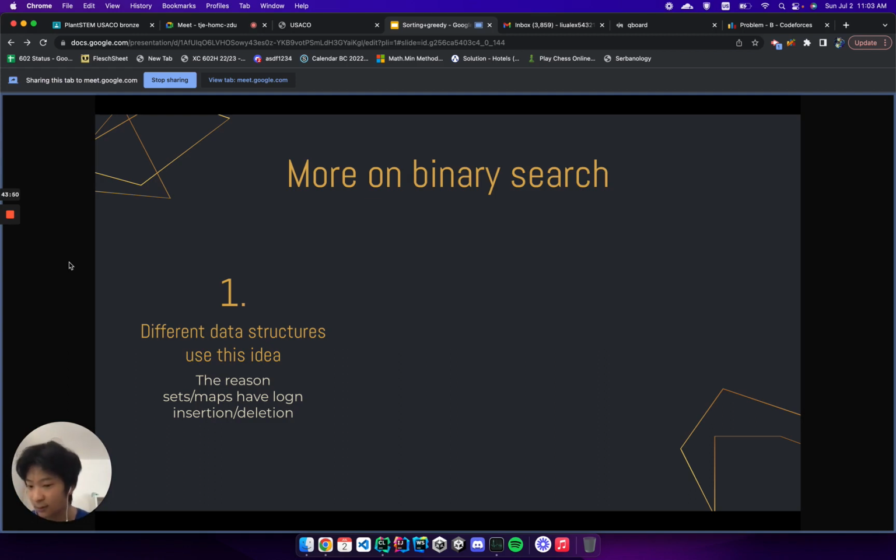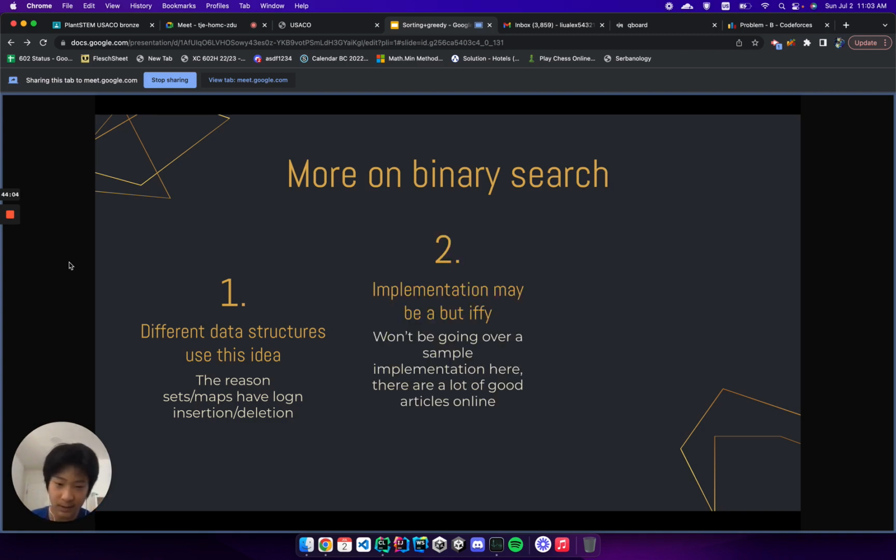Maps, if you don't know what a map is, in Python it's basically just a dictionary, except all the values are sorted by the key value. The implementation is a bit wonky because there's off by ones.